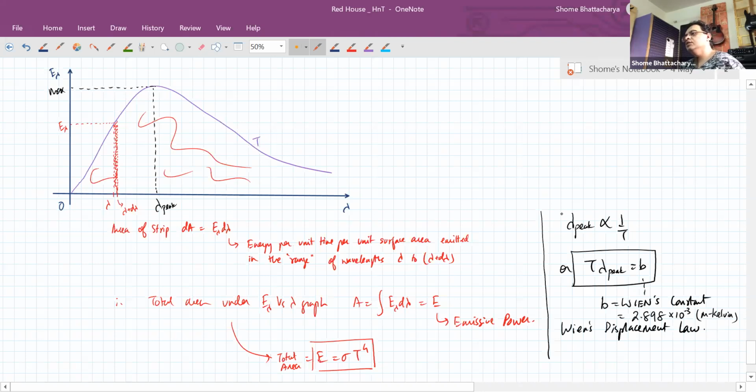The significance is that the peak value of wavelength is inversely proportional to the temperature. So when we increase the temperature of the body, the peak value of wavelength decreases, whereas the total emissive power, of course, increases because it's proportional to T to the power 4. That is something significant and important to understand.